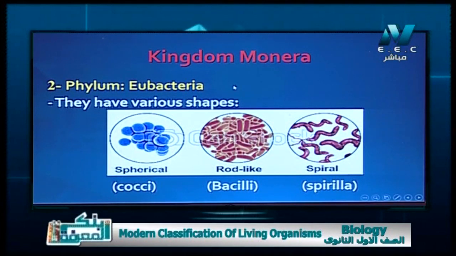So what we have said about kingdom Monera is that it includes two phyla. One of them is Archaeobacteria and the other is Eubacteria. The Archaeobacteria include simpler forms of bacteria and live in harsh environments.